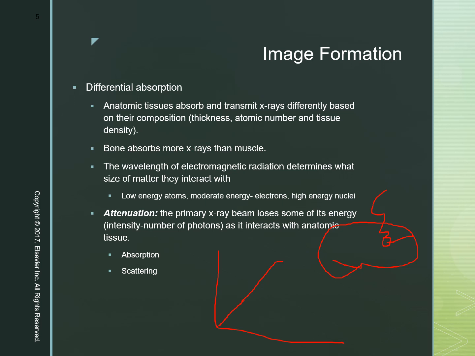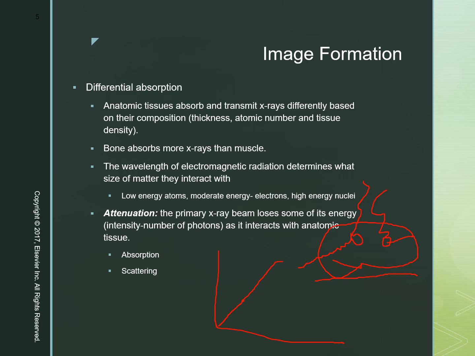Therefore, there is no photon available to continue. That would mean that my photon here was attenuated. Now, if I had another interaction, say a scattering interaction here, where my photon then missed the image receptor, we would also call that attenuation because it did not contribute to the image. So anytime we have an overall intensity reduction, we're having attenuation.